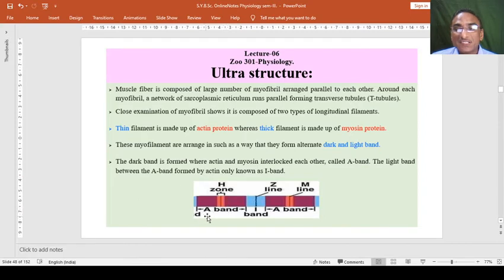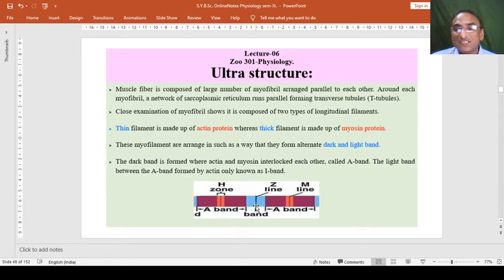This is an A band, this is an A band, and in between these two A bands is the I band. This blue colored band is the I band. This reddish brown, metallic red colored band is the A band, and in the A band there is the H zone, whereas in the blue I band there is a Z line.